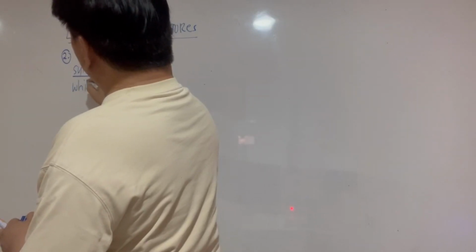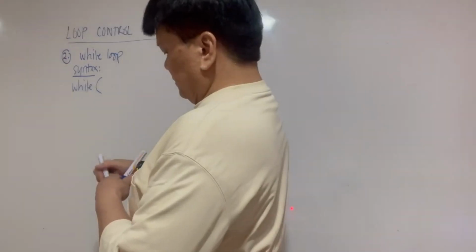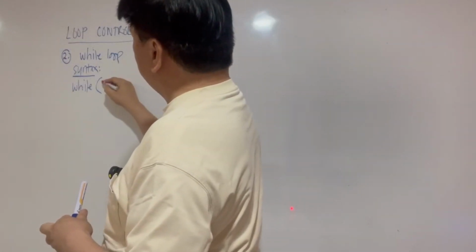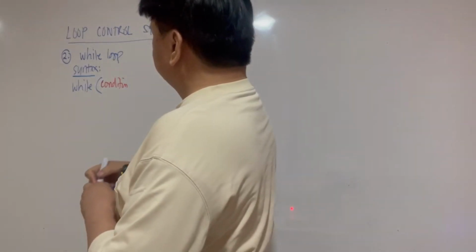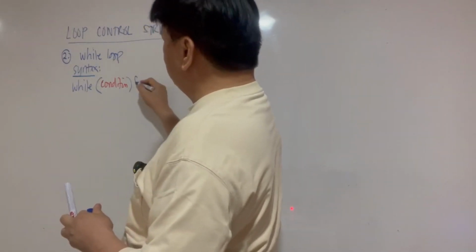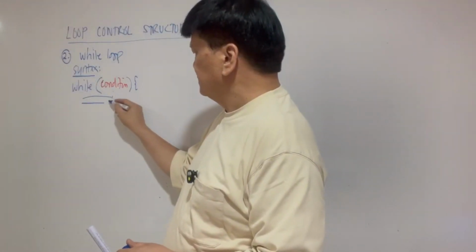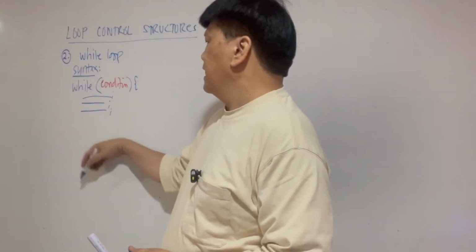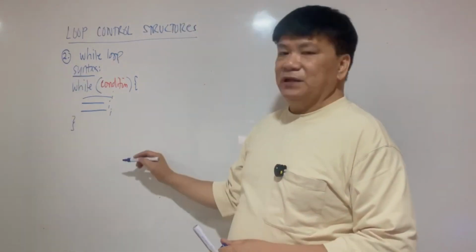You have there the while, then the condition. You put the condition inside the parentheses. Then you begin the statements here, and then close the loop. So that's as simple as that.